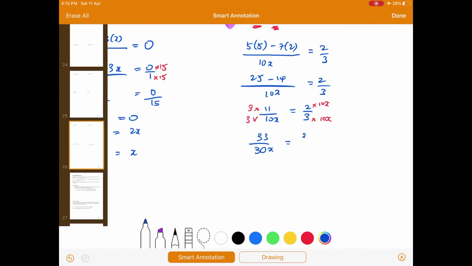On the right hand side, we get 20x over 30x. So since these two fractions have the same denominator, it implies that the numerators are equivalent. We're not doing any cancellation here. The next step, we have to divide by 20 on both sides. Now this fraction is an improper fraction, so we need to simplify it. So therefore, x is equivalent to 1 and 13 over 20.